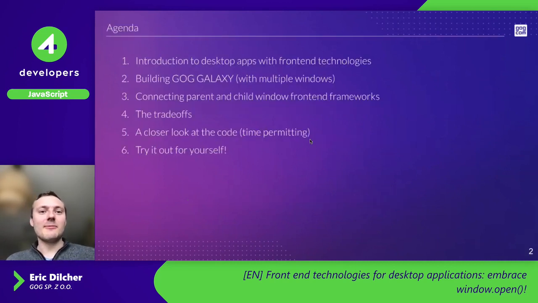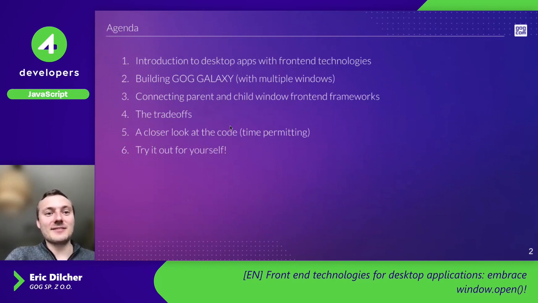This is the structure of my talk. I'm going to start off with an introduction, story time with GOG Galaxy, basically the motivation for how we got here and why I'm actually presenting to you. And then I'm going to talk about the technical details of this technique that we developed, specifically how to connect the parent and child window front-end frameworks. And of course, with anything, there are trade-offs.